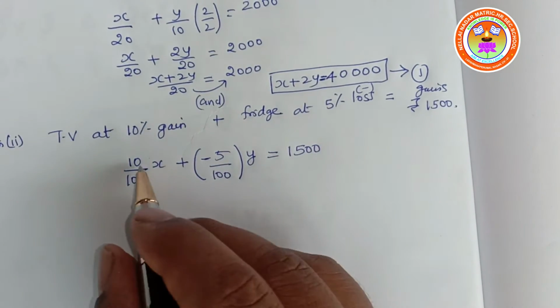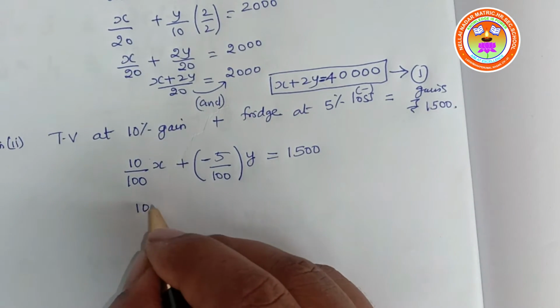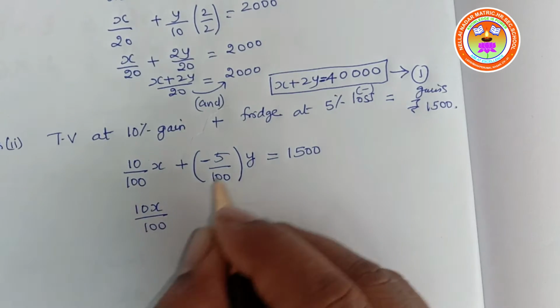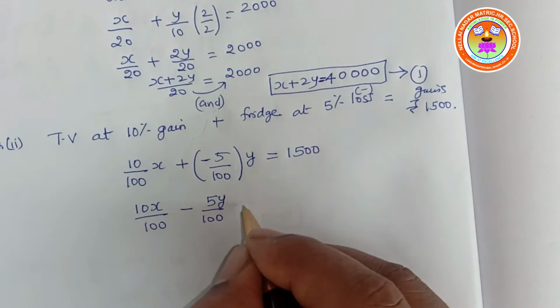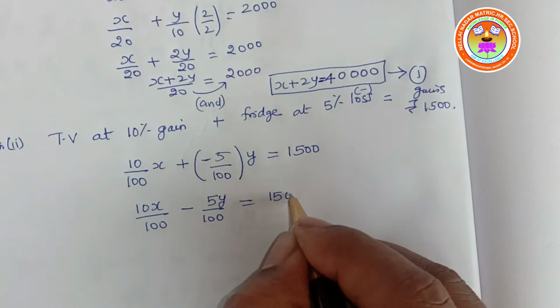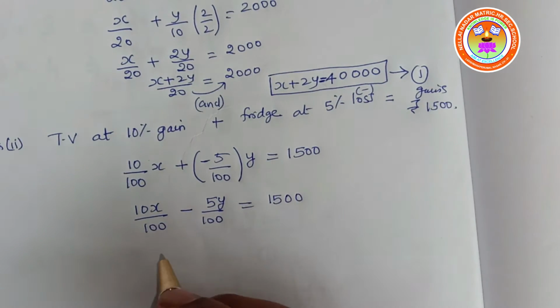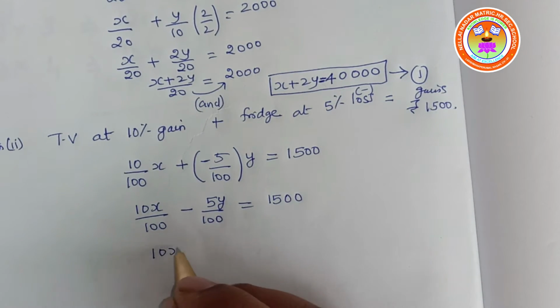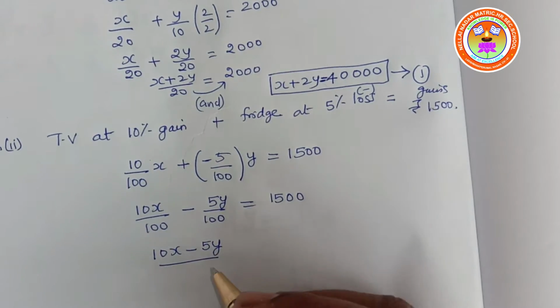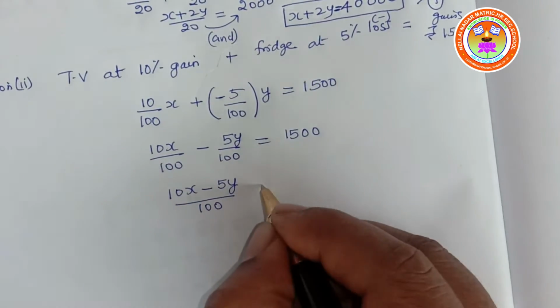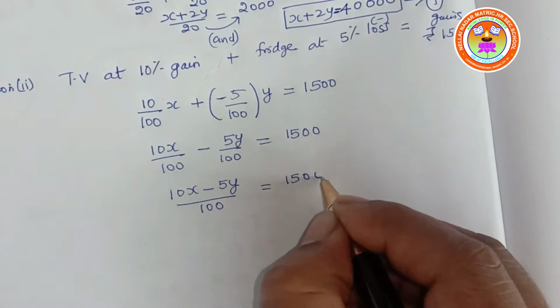Now 10x by 100 plus into minus 5 by 100, 5y by 100 equal to 1500. So when you take the LCM, 10x minus 5y by 100 is equal to 1500.